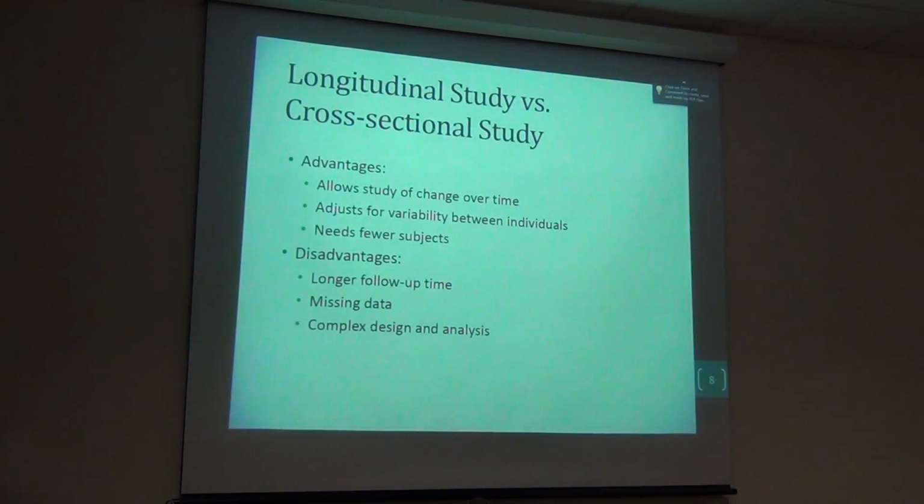So there are 3 different time points after enrollment. If you do a longitudinal study, you'll need, let's say, n subjects. But if you do a cross-sectional study, then you would need 3 times n subjects. So the number of subjects can increase if you use a cross-sectional study.